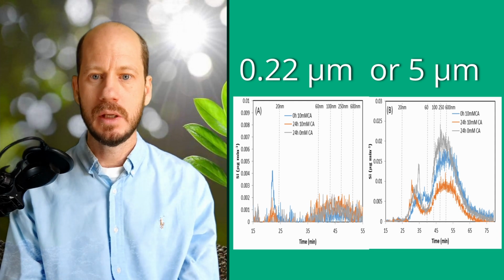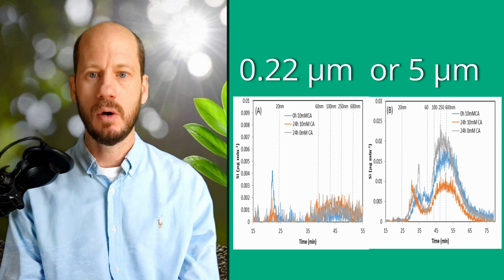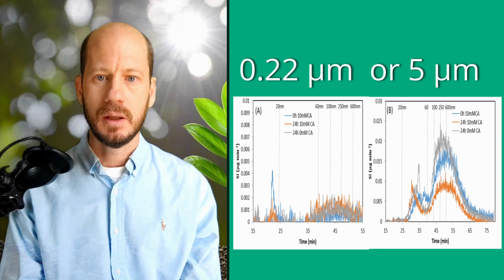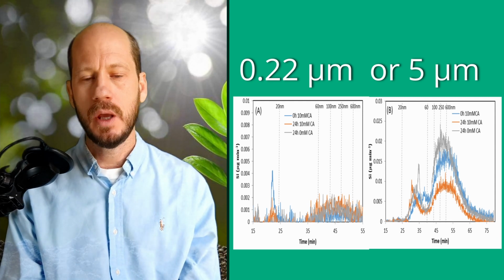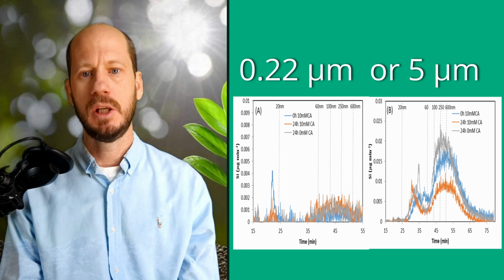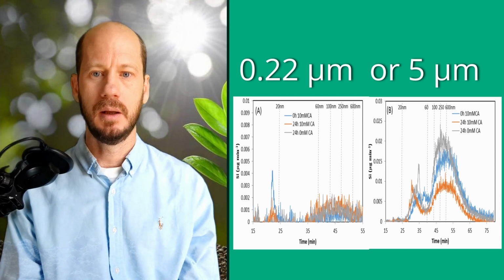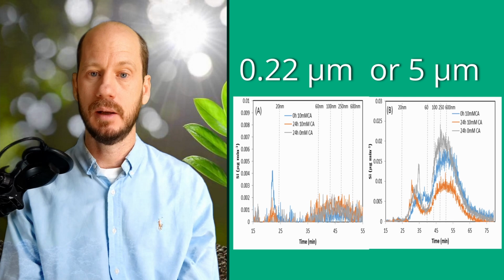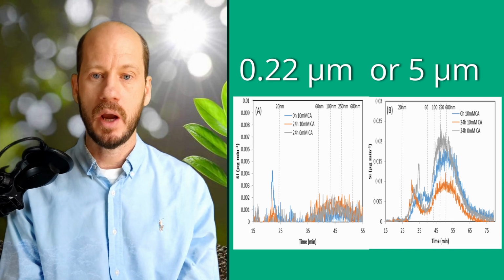So actually we used the 0.5 syringe filter only for the silica fractions, but we have not used it for the phosphorus, aluminum, manganese, and carbon fractions.